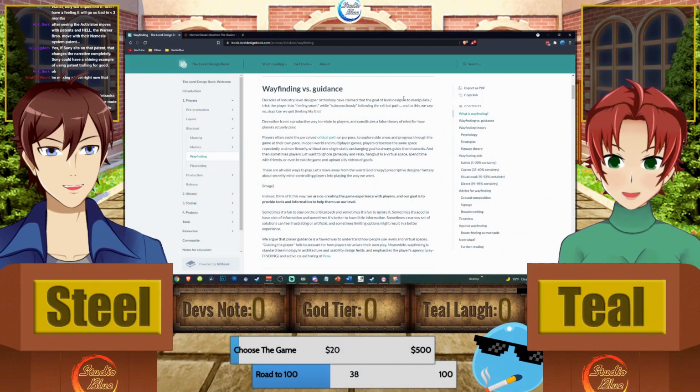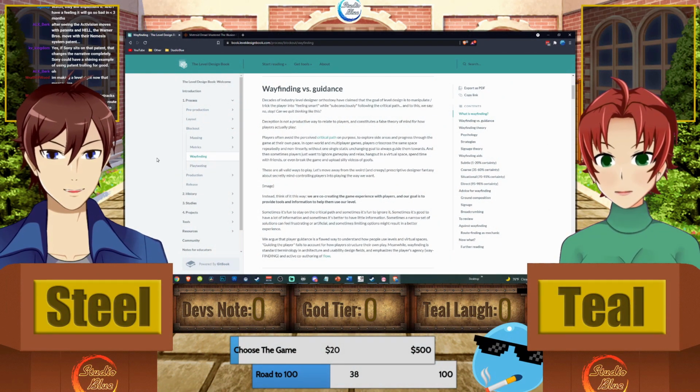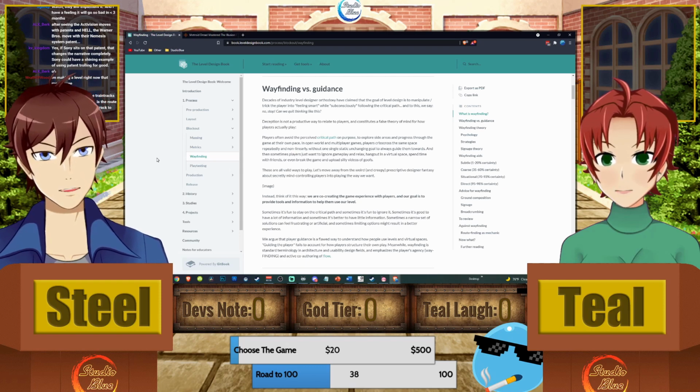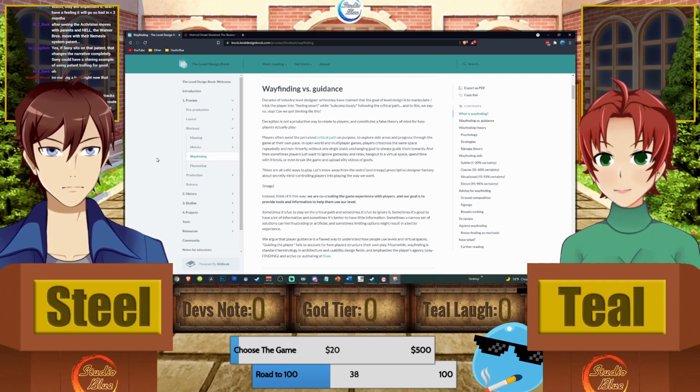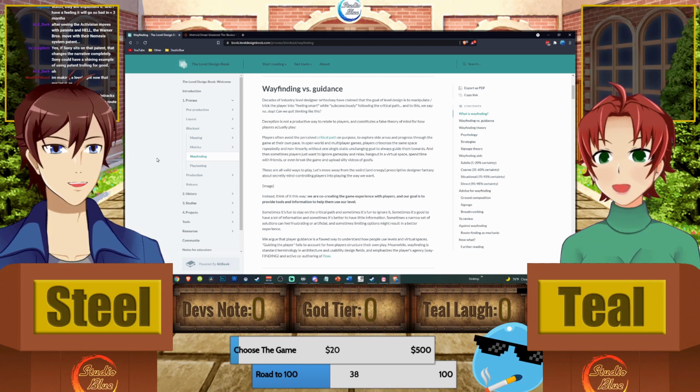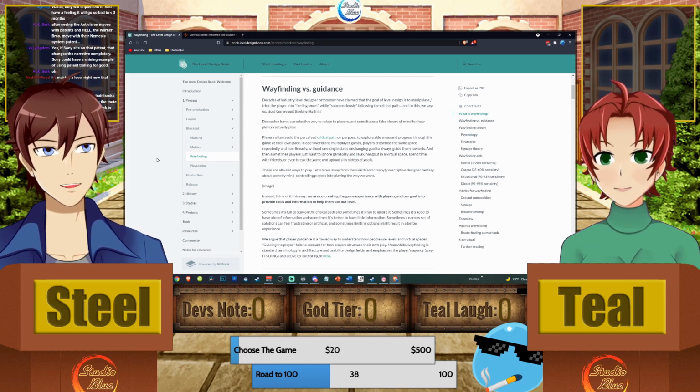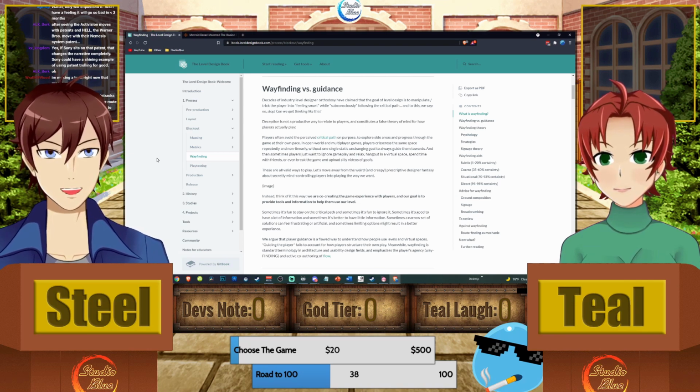Okay. So let's talk about wayfinding versus guidance. Very important. The orthodoxy of level design is manipulating and tricking the player, subconsciously pushing them while making them feel smart.